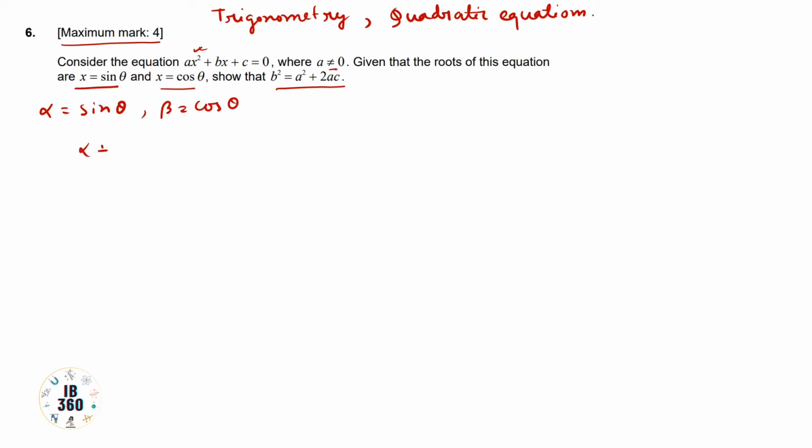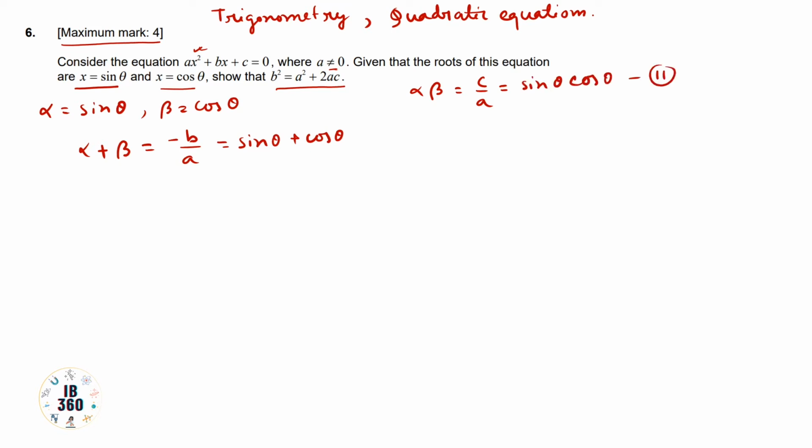So we know alpha plus beta, the sum of the roots, equals minus b by a. This is nothing but sine theta plus cos theta. And we have another piece of information, alpha beta equals c by a, which is nothing but sine theta into cos theta.